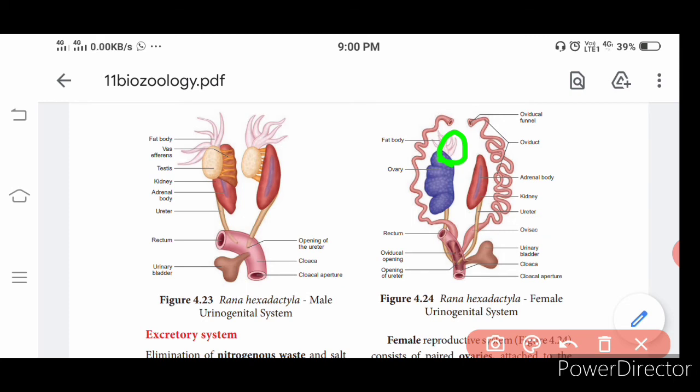Here you should know what the oviductal funnel is, and the oviduct is a long coiled tube, and there is a sac or bag-like structure called the ovisacs. Then we have the opening of the ureter and also the cloacal aperture through which the eggs will be laid by the frog, and the fertilization is external.